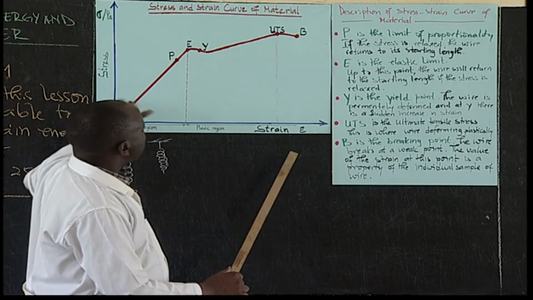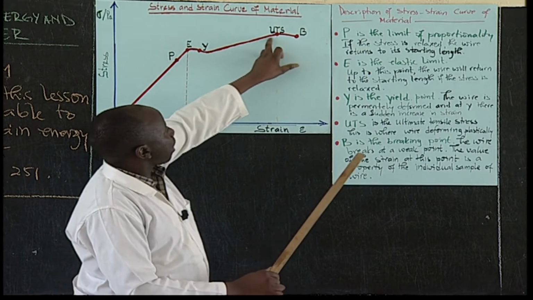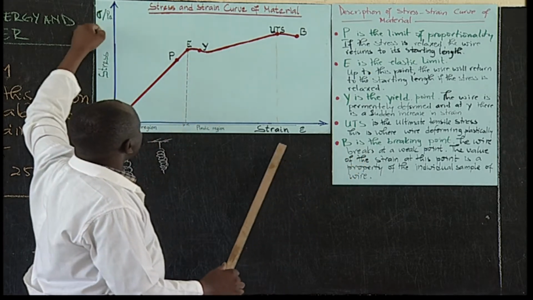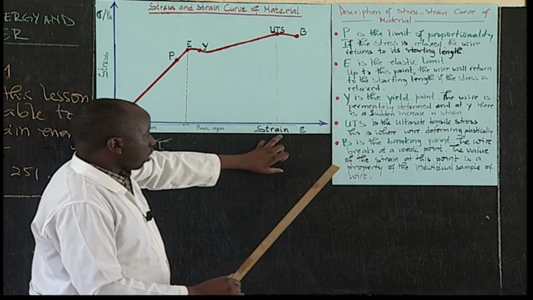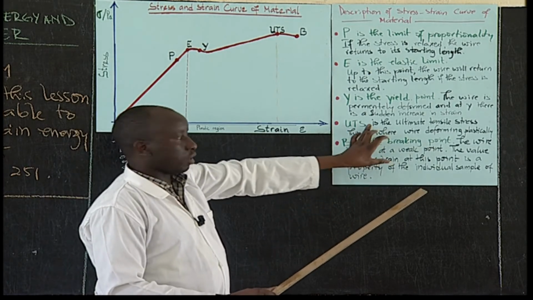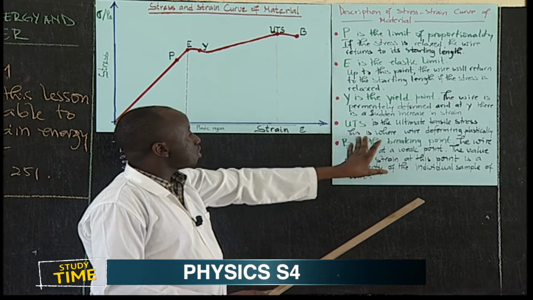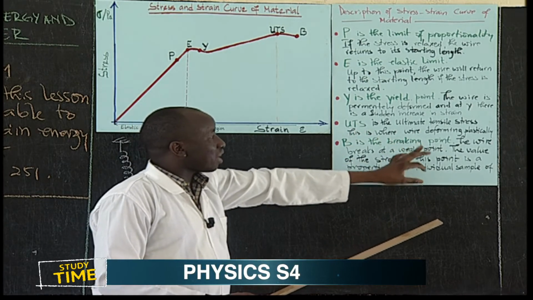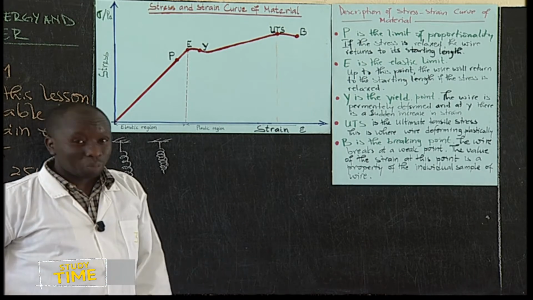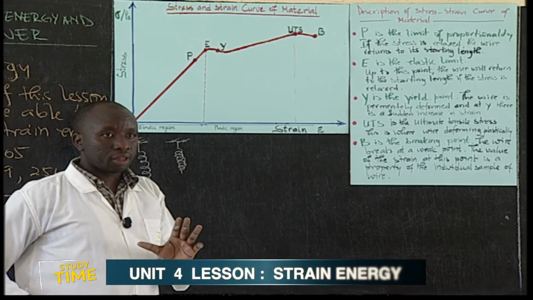Do you get that? And then here we have an increase of stress, and strain also increases up to the point that we call the ultimate tensile stress, UTS. This is where the wire is deforming plastically. Do you get the point?